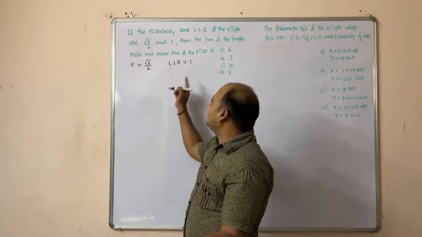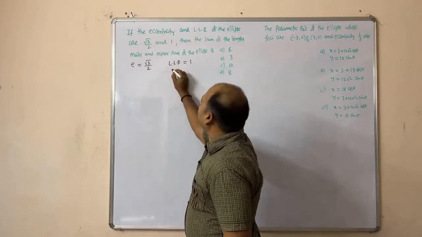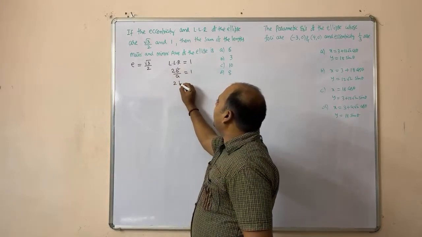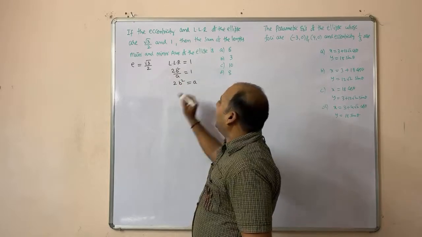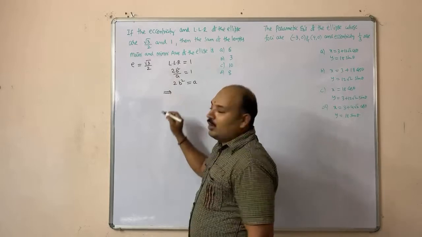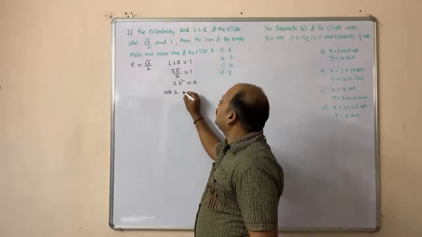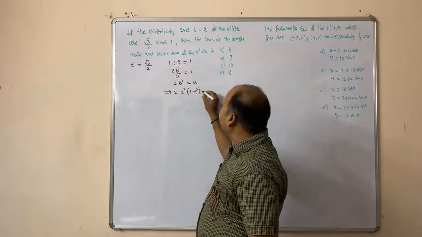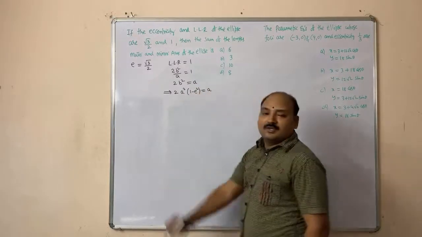What is the formula for length of latus rectum? 2b square by a for the general equation of ellipse. So from that we can write 2b square equal to a. After that we have formula for b square. 2 into b square value is a square into 1 minus e square, which is equal to a.